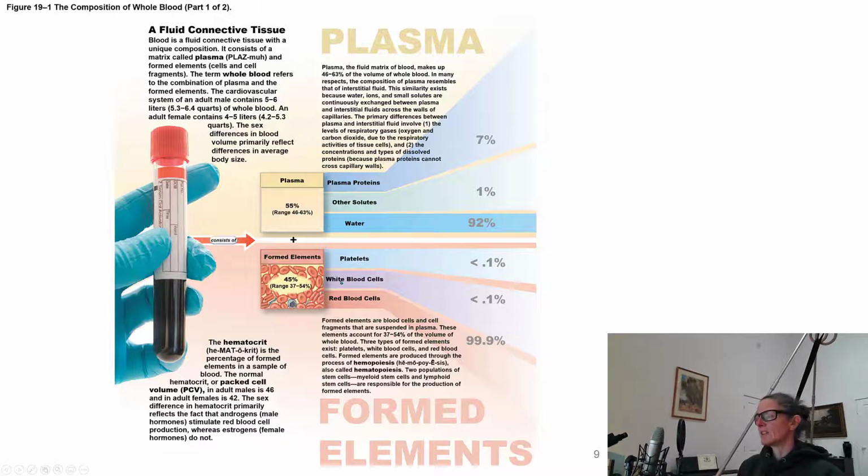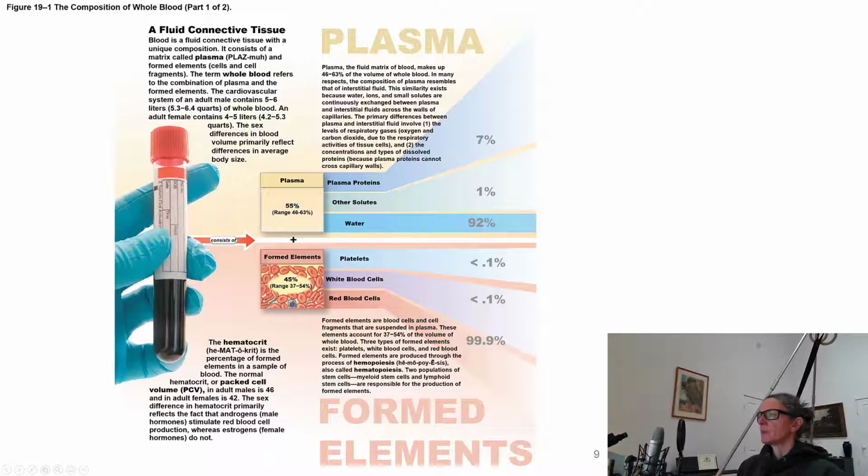You will see an elevation in white blood cells if there's an infection or something like that, but typically they are less than 1/10 of 1%. And the same is true for platelets. They are less than 1/10 of 1%. And that is why typically when you fractionate blood and you get what's called the hematocrit, that's the formed elements of blood, you'll see the majority of that is made up of red blood cells, or what we call erythrocytes.